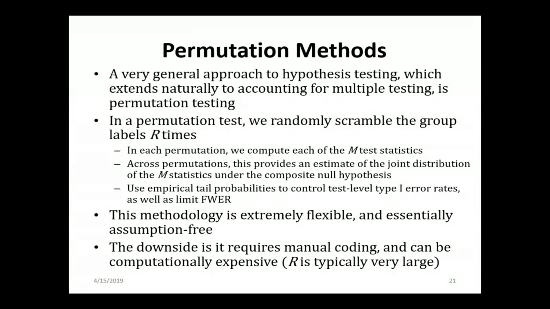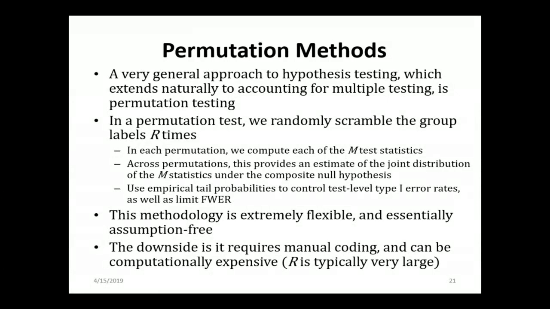Now, how you do this mechanically is a little complicated. I don't want to spend too much time on it, but the point is, this is a completely flexible method, and it can basically be used in any situation. It's completely assumption-free. It's also rather efficient in the power sense. The problem with it is that you have to code it up yourself because it's very scenario specific, and it can be computationally expensive.